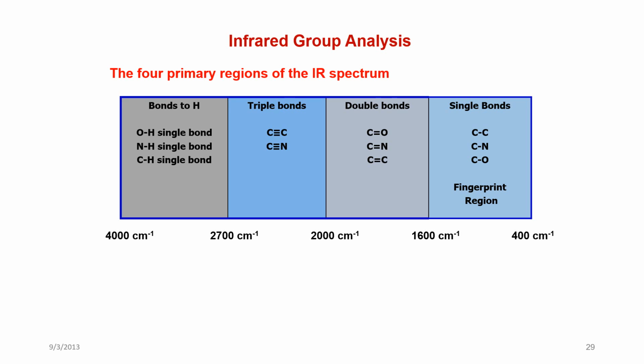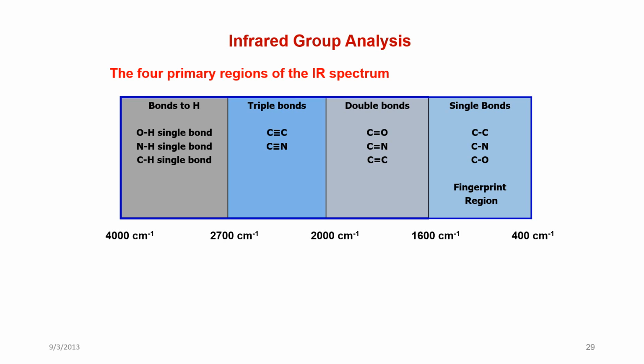So in case of IR spectrum, for the sake of convenience of study, it has been divided into two main regions called functional group region and fingerprint region. The functional group region is from 4000 per centimeter to 1600, and from 1600 to 400 per centimeter is called the fingerprint region.